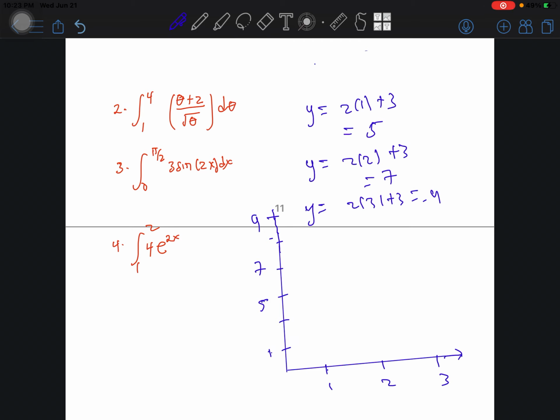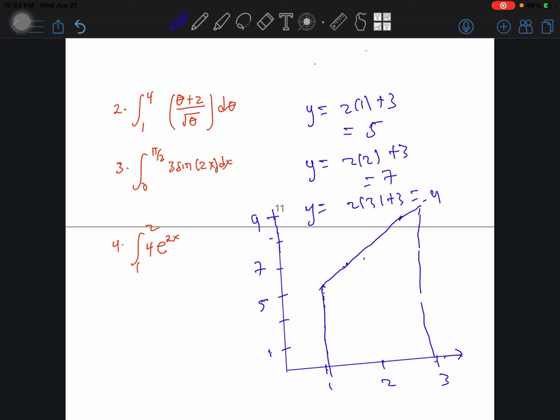Now at x equals 1, I get 5, so 5 is here. At x equals 2, I get 7, so 7 is here. And at x equals 3, I get 9, and 9 is here. At the end, I join them like this, and the interval will be up to this point.